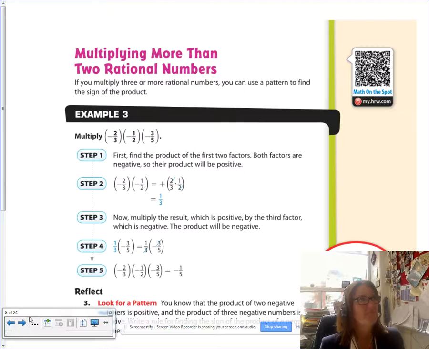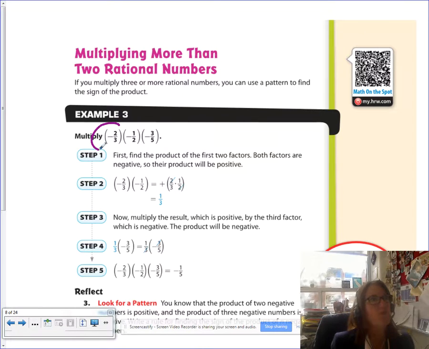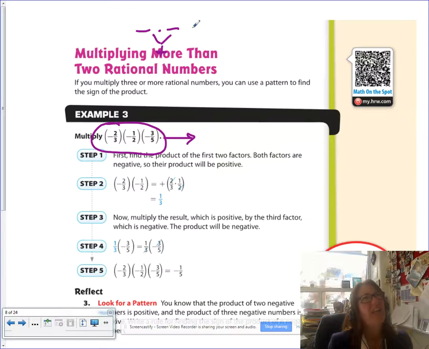Okay? All right, what if you have 3 of them all together? Well, here's what you're going to do. I have a negative times a negative. Those two, the negative times the negative, would make a positive value. And then you have another negative over here. Your final answer is going to have a negative sign. So up here, put a negative sign.